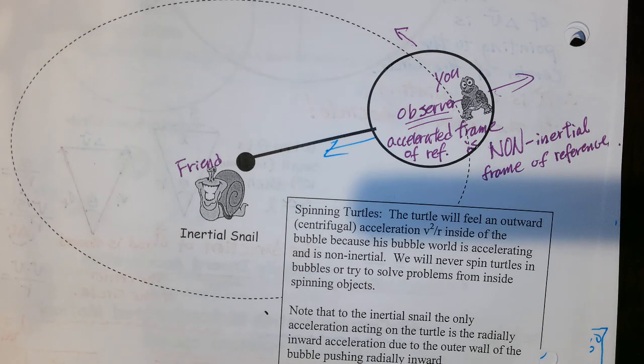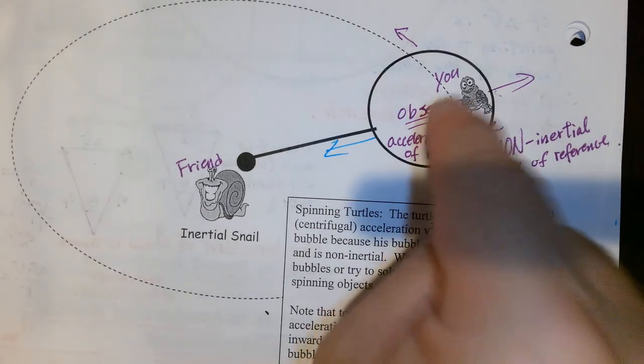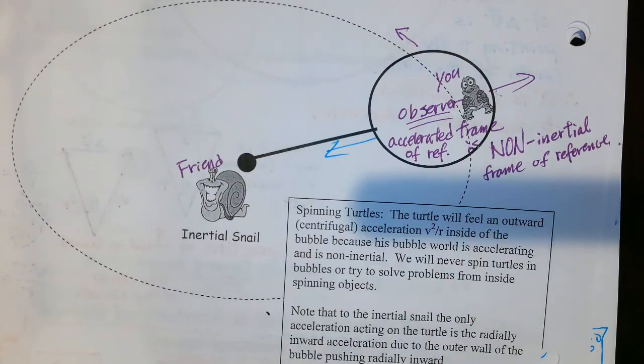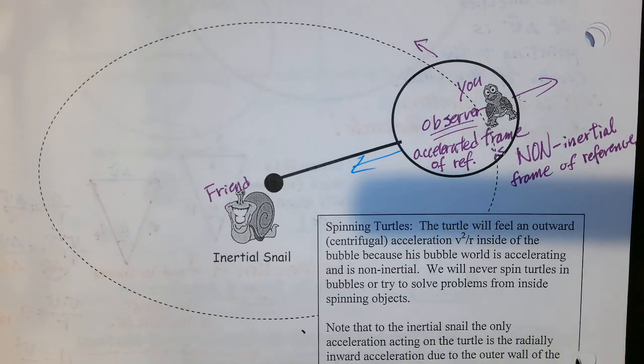But if you're observing from outside of the bubble, we can see why this is happening. All right? So in a non-inertial frame of reference, there will be phantom forces that cannot be explained.